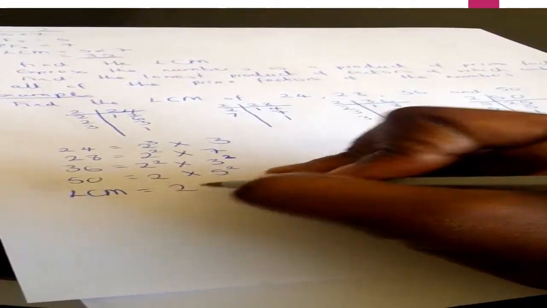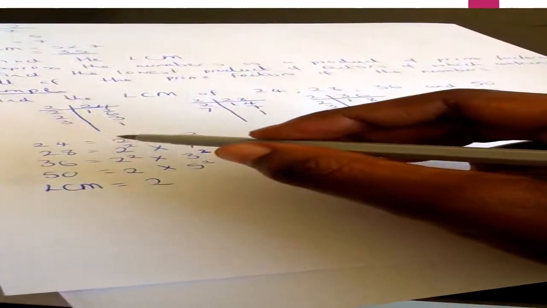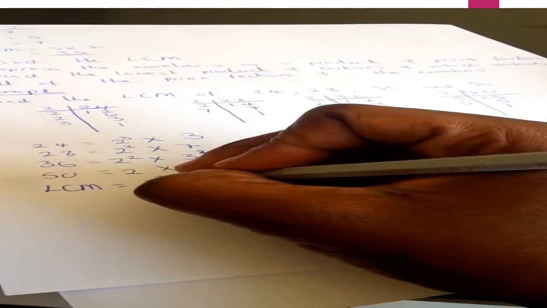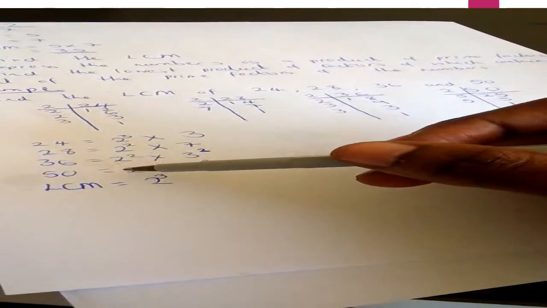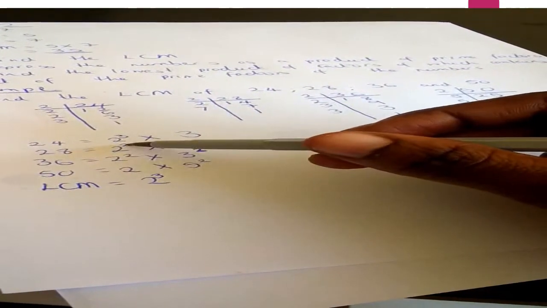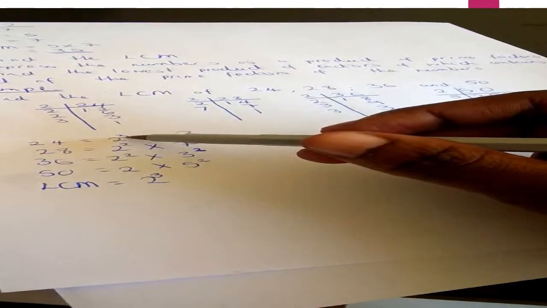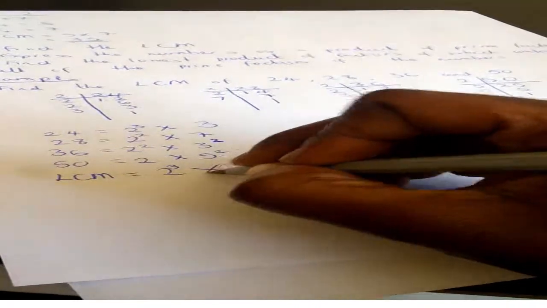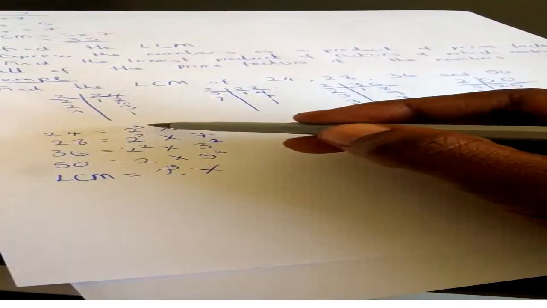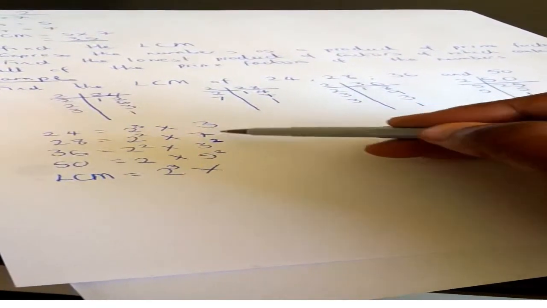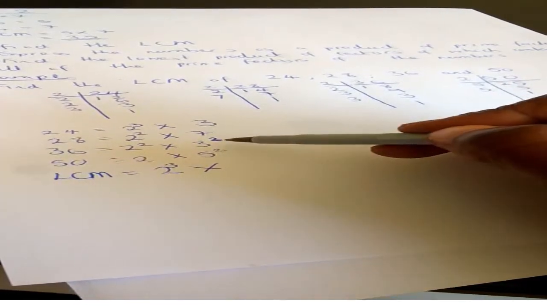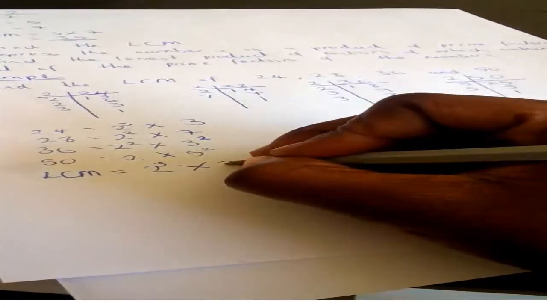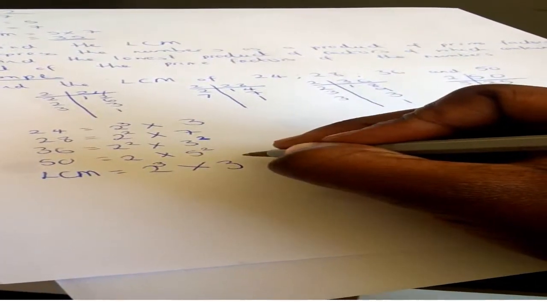There is 2, the highest one, it is 2 to the power of 3. We don't just write 2 or 2 to the power of 2, we write 2 to the power of 3 since it is the highest, times the next number, which is 3. There's one 3 here, then there's 3 to the power of 2, and so we write 3 to the power of 2, which is the highest.